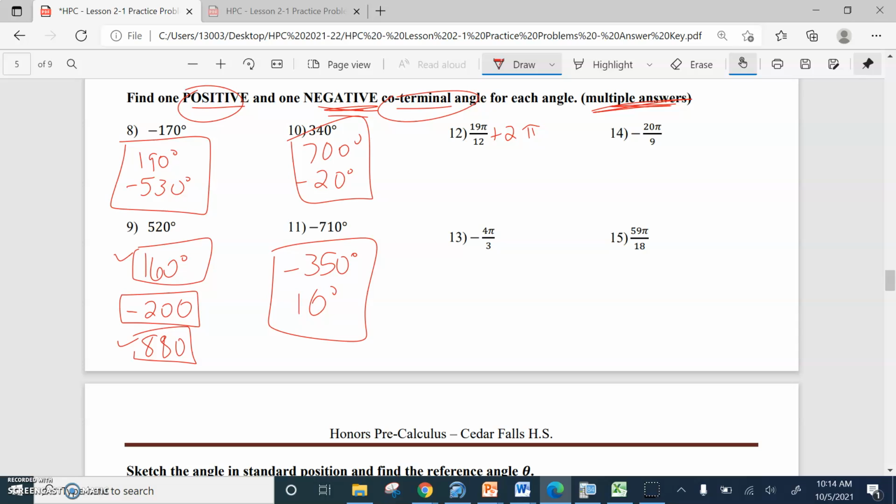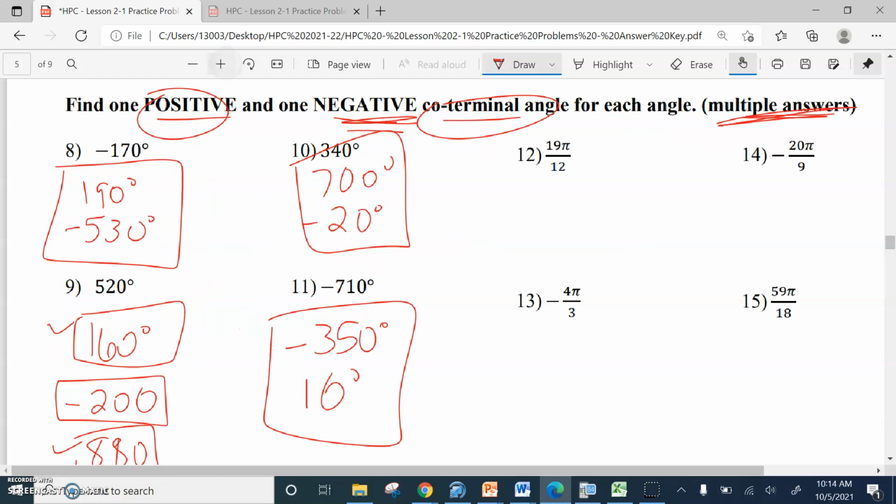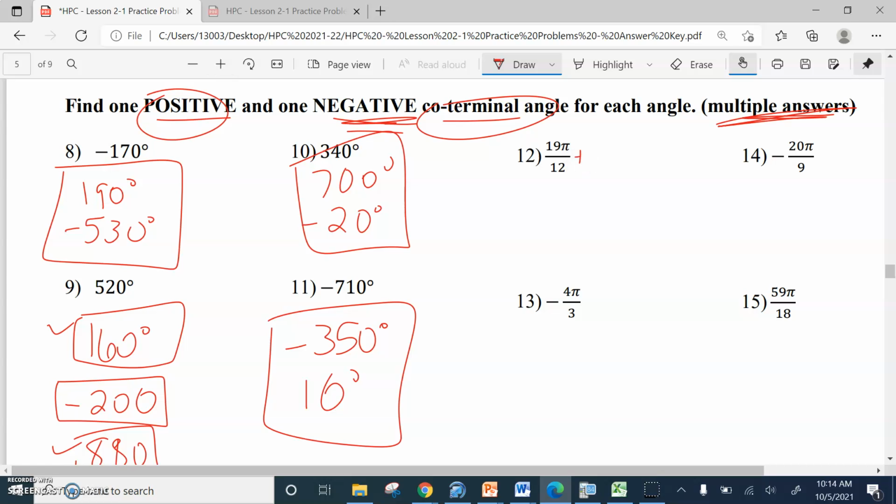So a fraction and non-fraction, I always immediately look at these and say, well, I'm not going to take 19 pi over 12 plus 2 pi in terms of the fraction I'm given. So I'm going to rewrite it as 24 pi over 12, which is 2 pi.